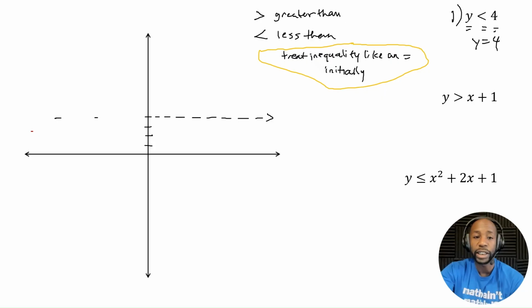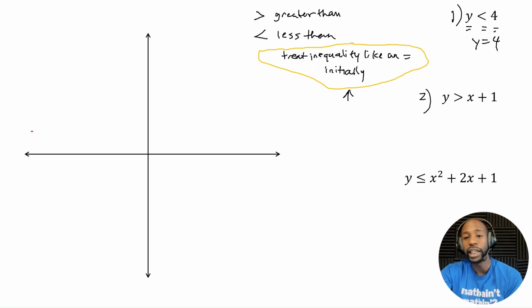Now let's erase that. We'll go on to the next example. Y is greater than x plus 1. So again, treat the inequality like an equal sign initially, so you can graph it. We graph the y-intercept, which is at y equals 1, and then we're going to use the slope, which is 1 over 1, I guess you could say it like that.